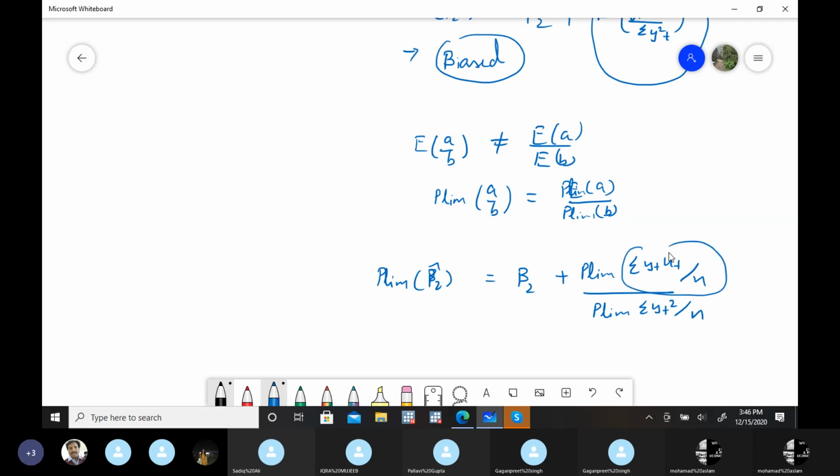This first particular value, we have proved that this term is sigma square by 1 minus beta 2, and this is the variance of y.